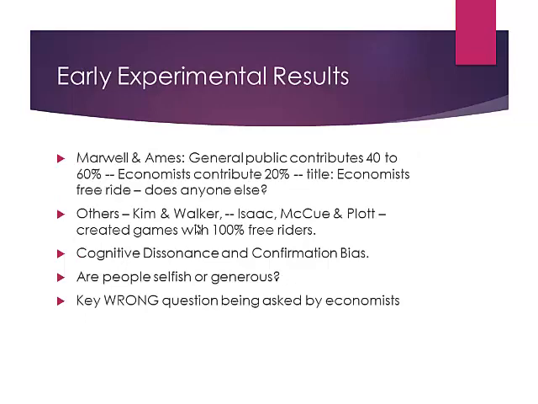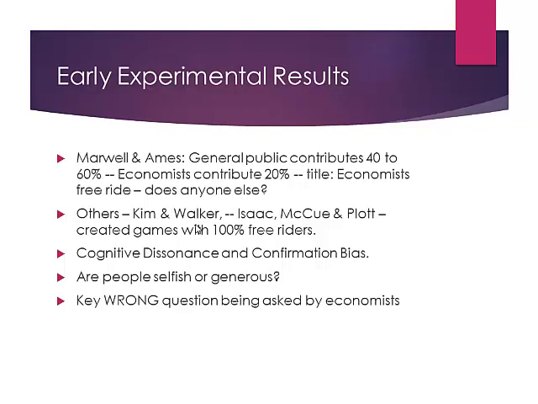So when people started doing the experiments, there was a large range of results. One set of results, by Marwell and Ames, found that the general public contributes about 40 to 60%. Not 100% like the completely selfless social solution, and not 0% like the economist solution.